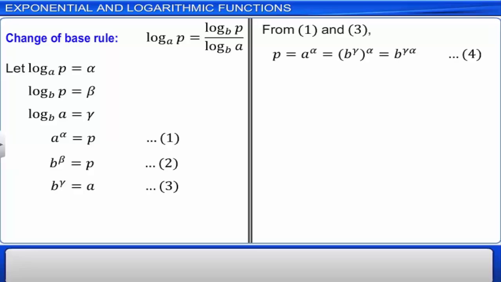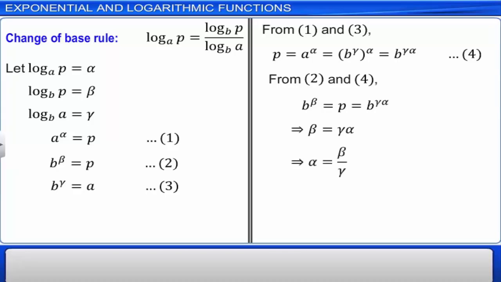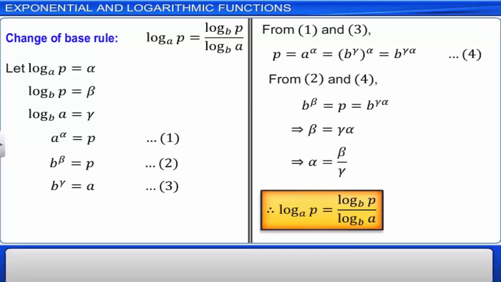Now, from equations 2 and 4, we get b raised to the power beta is equal to b raised to the power gamma into alpha. This implies that beta is equal to gamma into alpha. Alpha is equal to beta divided by gamma. Therefore, log p to base a is equal to log p to base b divided by log a to base b.